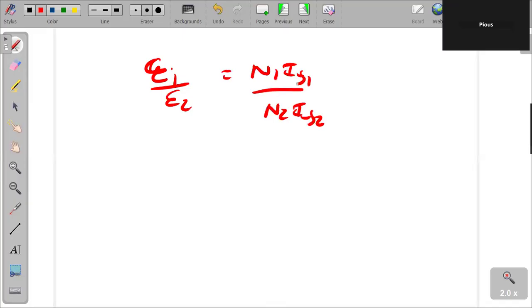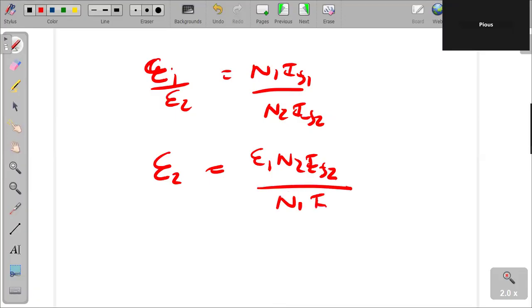So making E2 the subject, E2 is going to be equal to E1 times N2 IF2 divided by N1 times IF1. This is what we have. We have made E2 the subject. So substituting what we have, because right now we have E1, remember that's the full load back EMF, and N1, that's the full load speed as well.